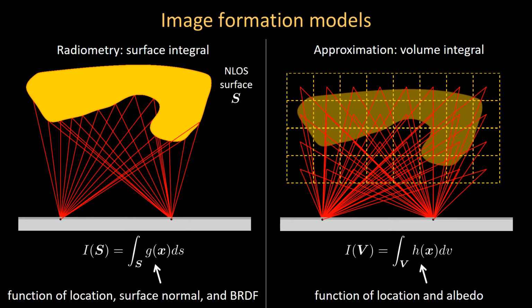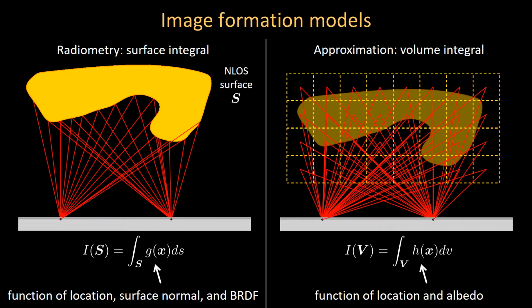This model is mathematically convenient and can be evaluated and inverted using simple linear algebra. However, it is inaccurate, as it does not account for effects such as surface shading, normal, and reflectance.